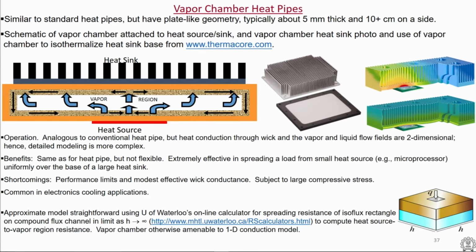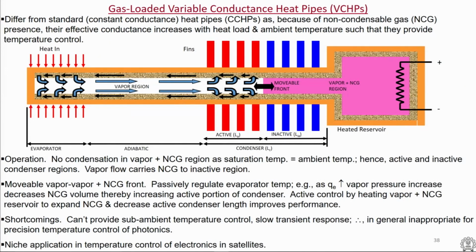And we won't get into the details of this, and there are also others where you can modulate the performance of the heat pipe by using what is called a gas loaded variable conductance heat pipe, where you provide a heated reservoir of a non-condensable gas. As you heat the gas, the non-condensable gas pushes and moves the liquid.